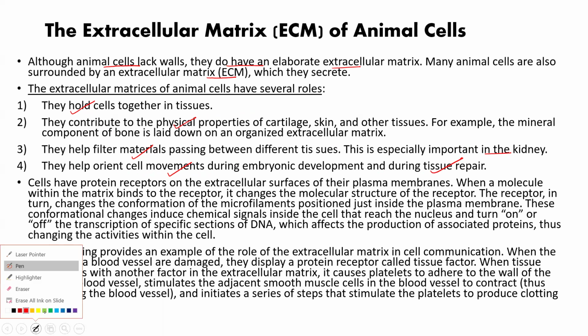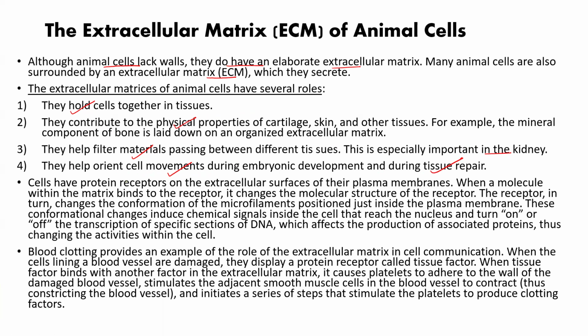So you can understand. See here, you know very well, the cell membrane is made up of phospholipid and protein. Some protein receptors are present on the membrane which are able to bind to the extracellular surface. Is it clear? When a molecule within the matrix binds to the receptor, it changes the structure of the receptor.